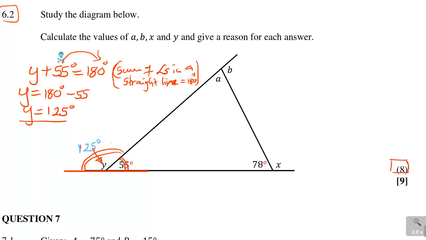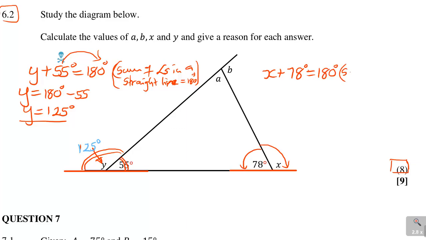Alright, next one. Which one can we go for? We can use the same concept to find this particular angle here. It's still a straight line also. So if I say x plus 78 degrees, it must give me 180 degrees.